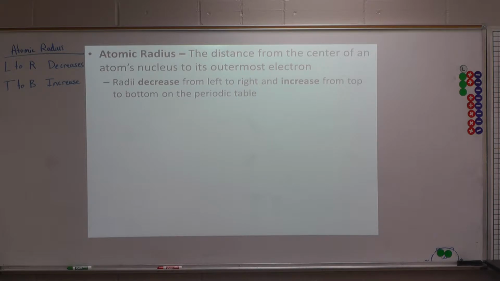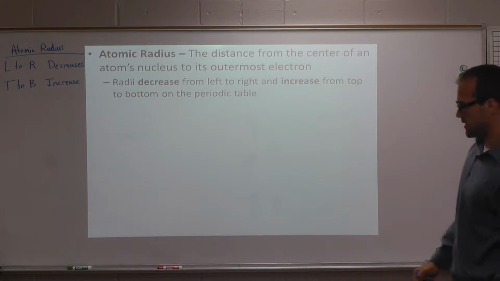As I go from left to right, don't I increase in the number of electrons? Wouldn't that make the orbital or the radius bigger? Wouldn't you think adding more electrons would increase the radius of a particular element?